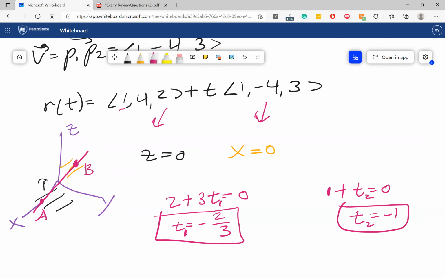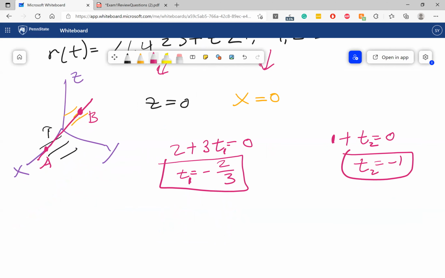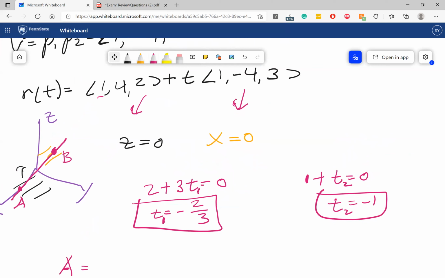So now we just need to find the points A and B. So let's say A is for the T1 point. It's easier to do the T2 point, so let's just plug that in.